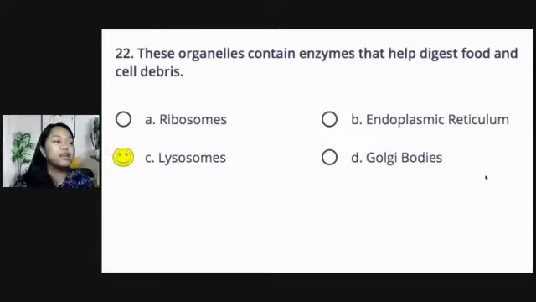And letter C is the correct choice here. Okay, so lysosomes po, yung ating hinahanap, no? It contains enzymes that help digest food and cell debris.